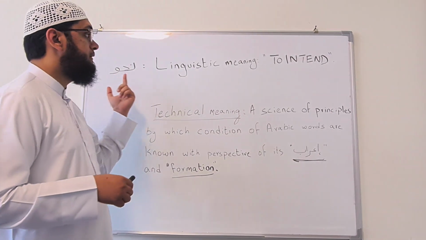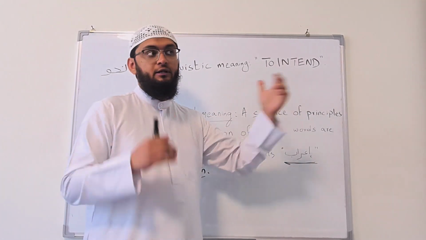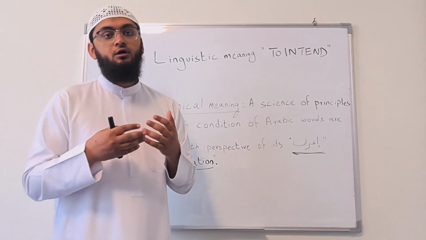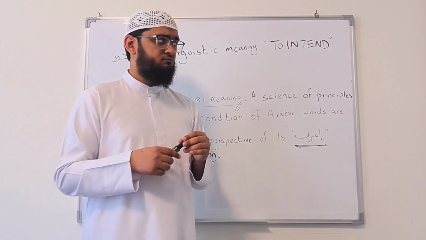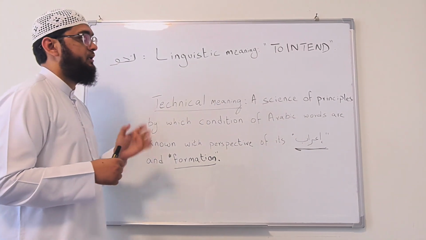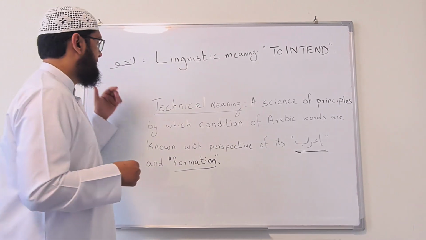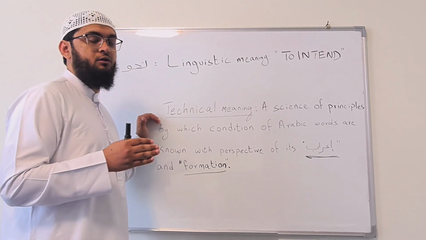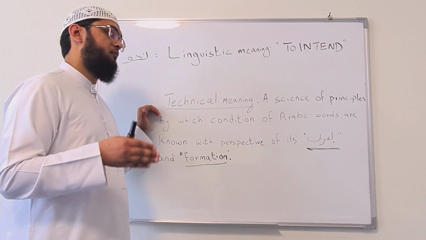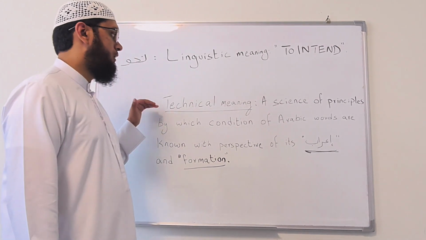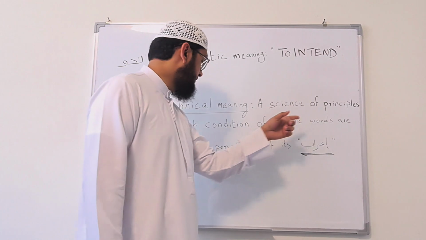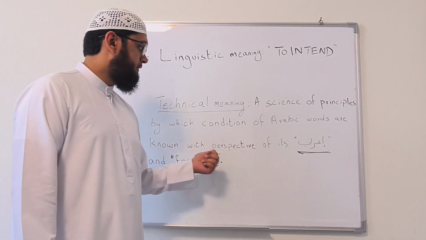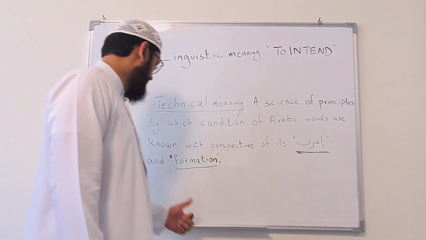Linguistically, Nahw means to intend something, that a speaker intends to learn or to speak in the Arabic language. When we see that same term used in the technical meaning, in the meaning of Arabic grammar, the subject called Nahw, it means a science of principles by which the conditions of Arabic words are known from the perspective of their i'rab and formation.